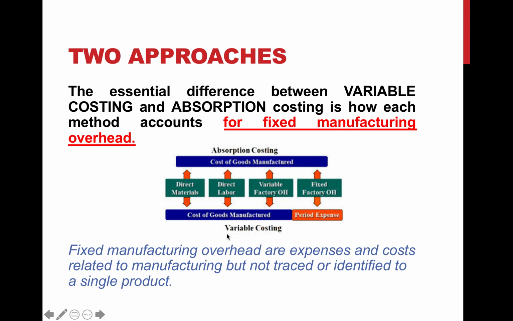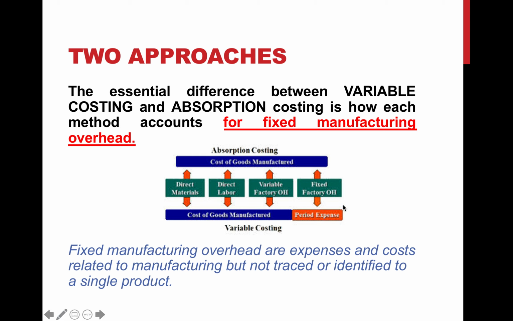But in variable costing, you only assign to the product cost the part that is variable, because remember, always for planning, you need to separate the part that is fixed and the part that is variable.